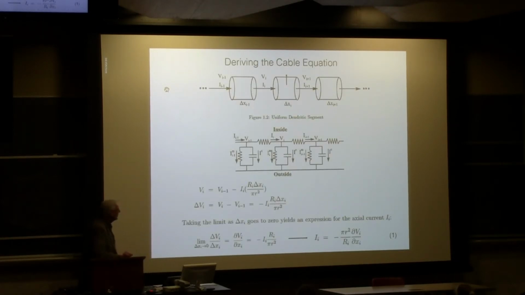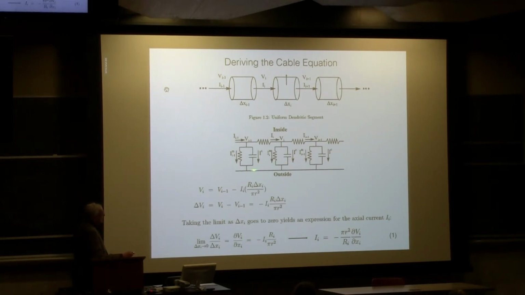We're going to build up this dendritic cable by concatenating together a bunch of these little compartments. And we're going to represent current flow along the structure using the following electrical circuit. So we're thinking of this part of the circuit as representing the inside world, and this part of the circuit is the outside world, and there are no resistors here, okay?